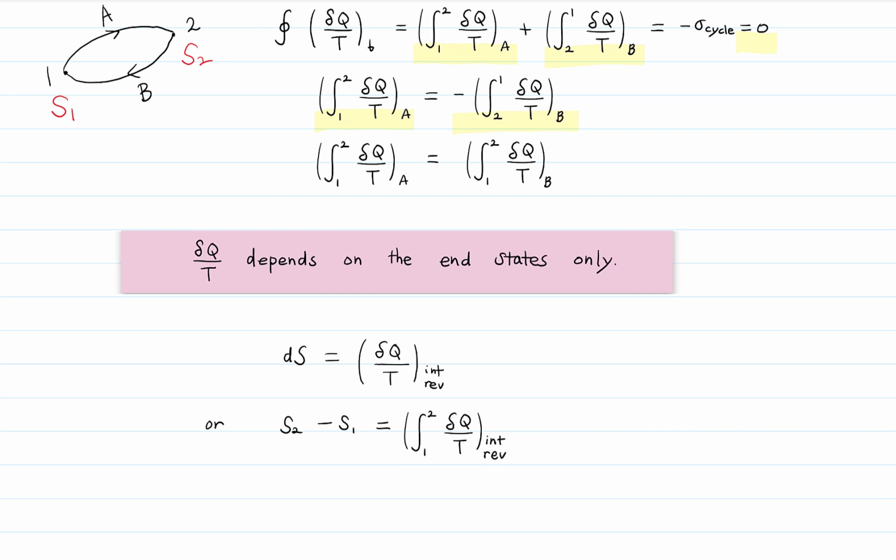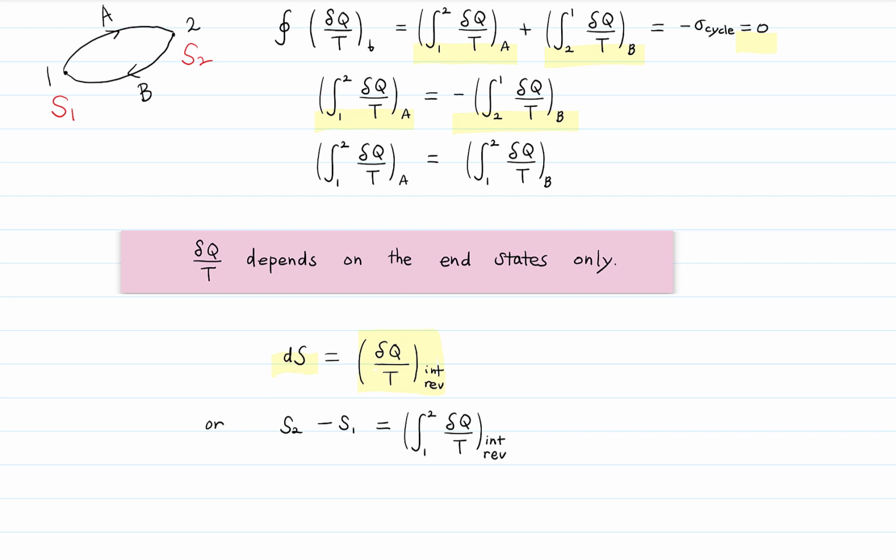So delta Q over T depends on the end states only. It is a property. Let's say the differential property is dS, and that is equal to delta Q over temperature. So this is the definition of entropy.